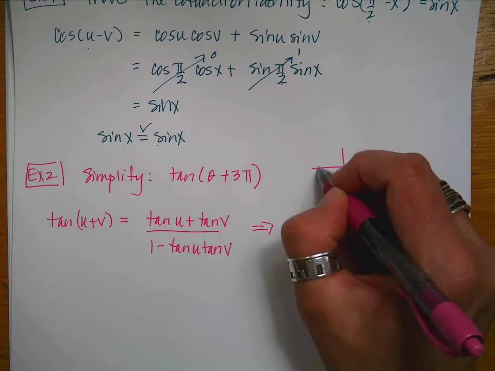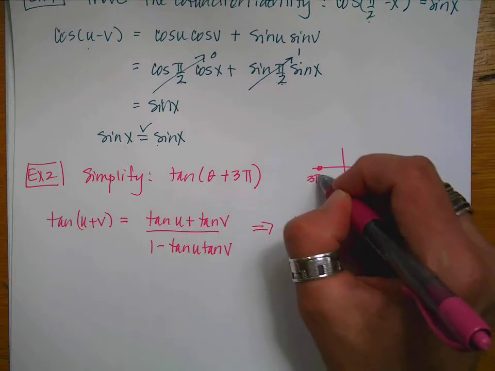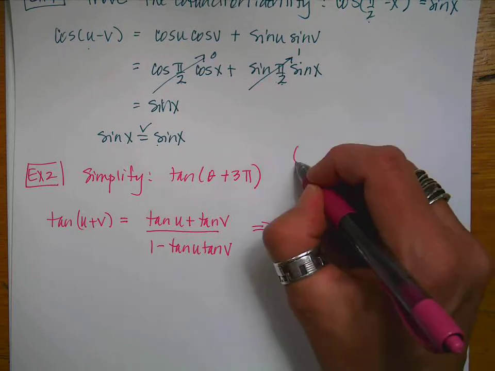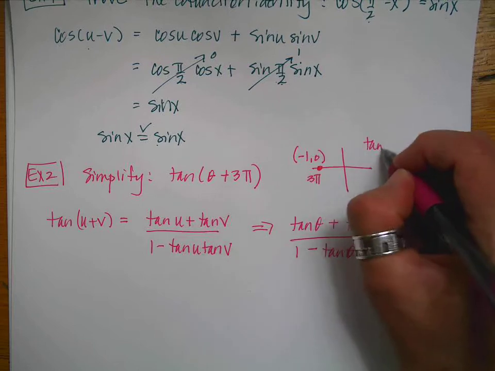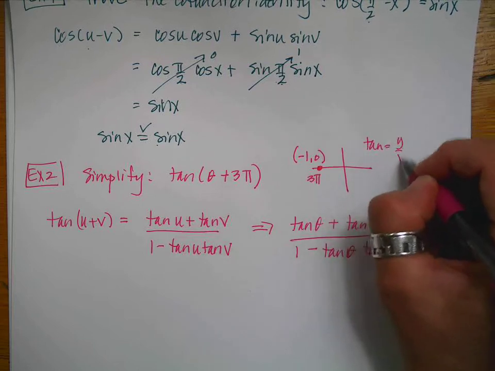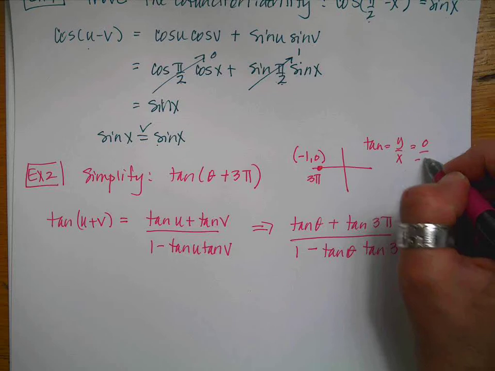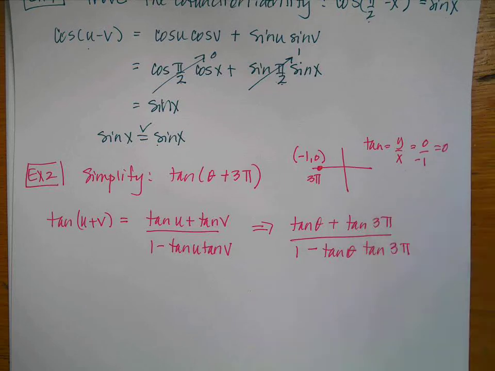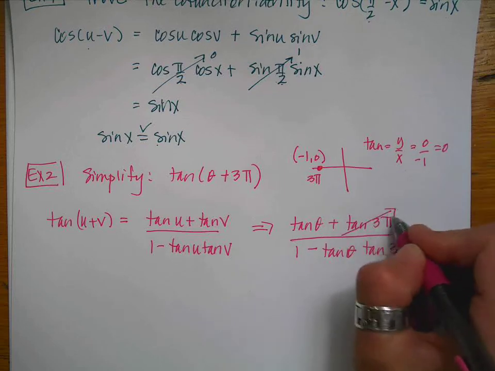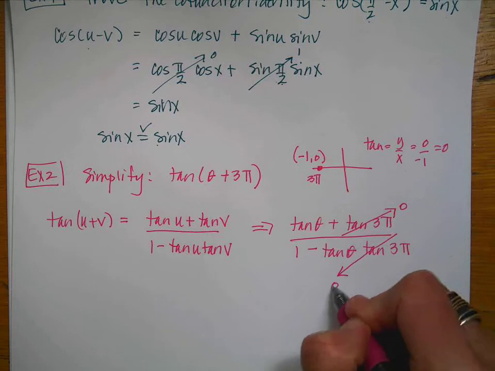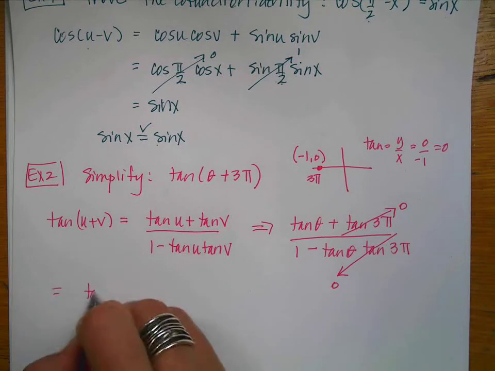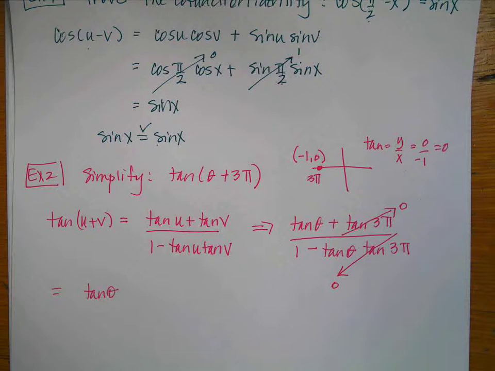So 3 pi is right here, okay? So that would be 3 pi. We just took a lap, and the coordinates of that are negative 1, 0. So tangent is y over x, so it's going to be 0 over a negative 1, so it's 0. So the tangent of 3 pi is 0, which means this whole piece is 0, and so I'm going to get the tangent of theta.